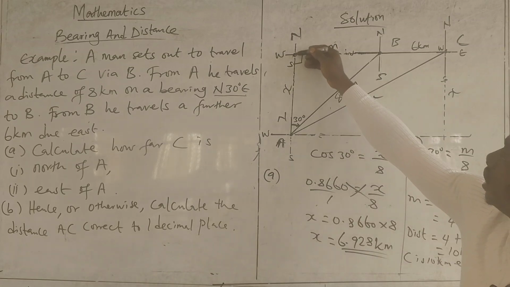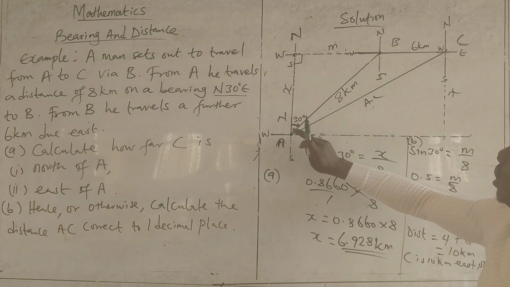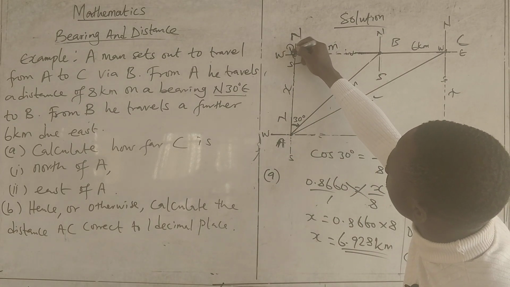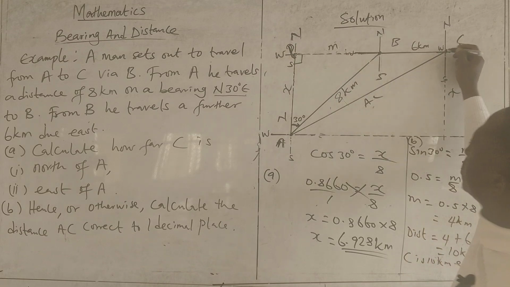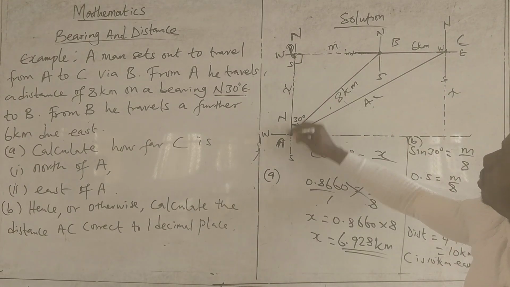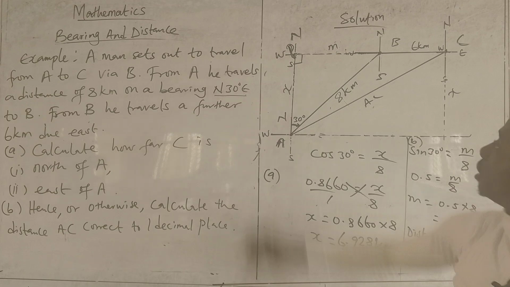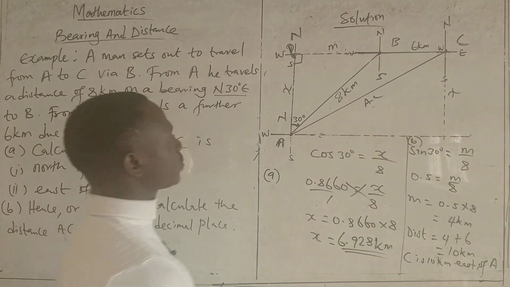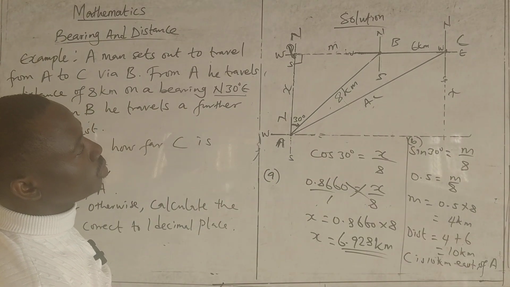Here is a right angle triangle, let me call it P. APC is a right angle triangle.